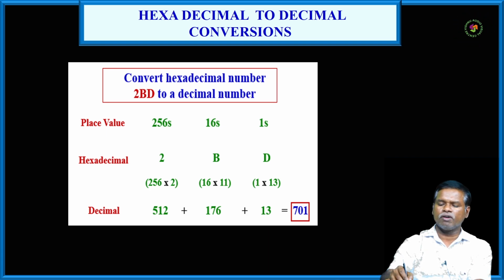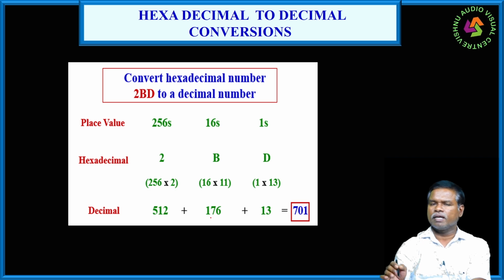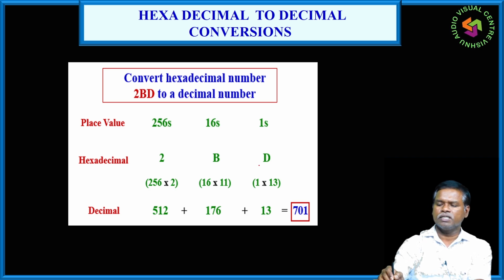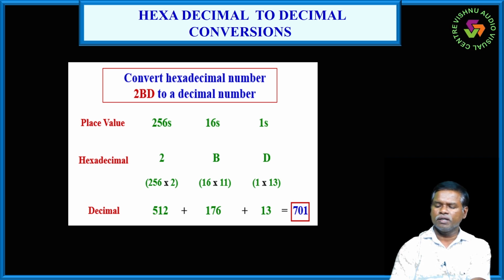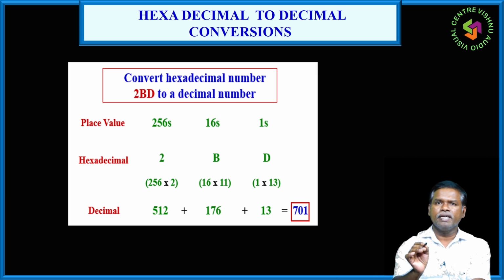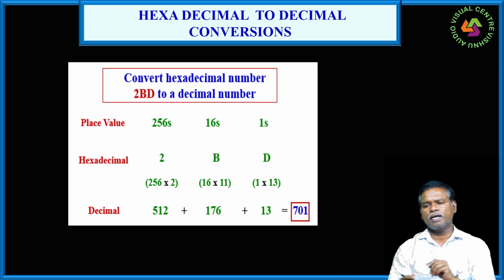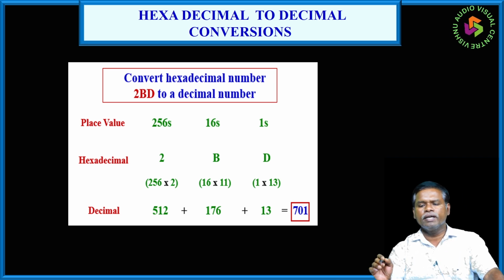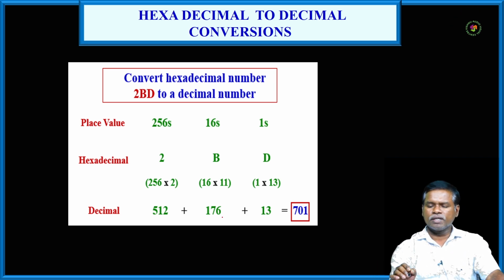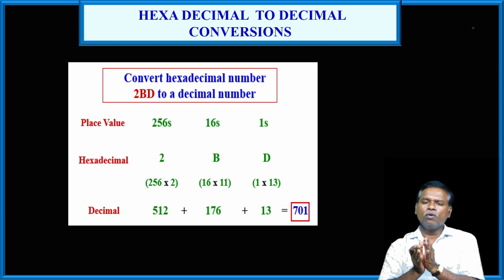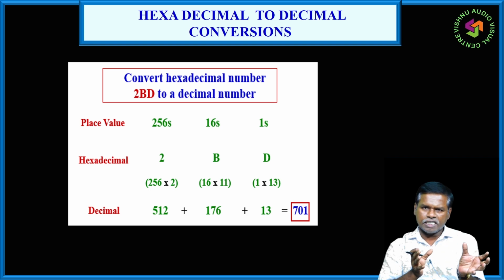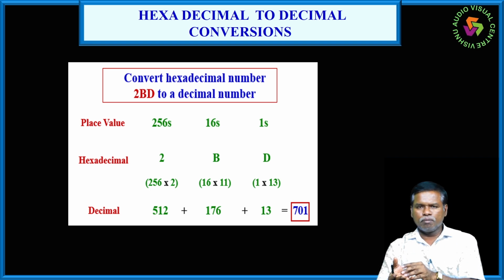So 16 into 11 is 176, plus the last one, D, which is decimal 13, and its place value is 1, so 1 into 13. Overall, the decimal equivalent of the given hexadecimal number 2BD is 512 plus 176 plus 13, which is equal to 701.